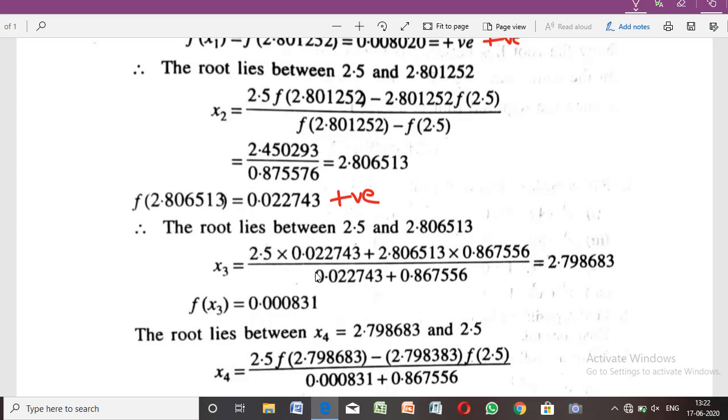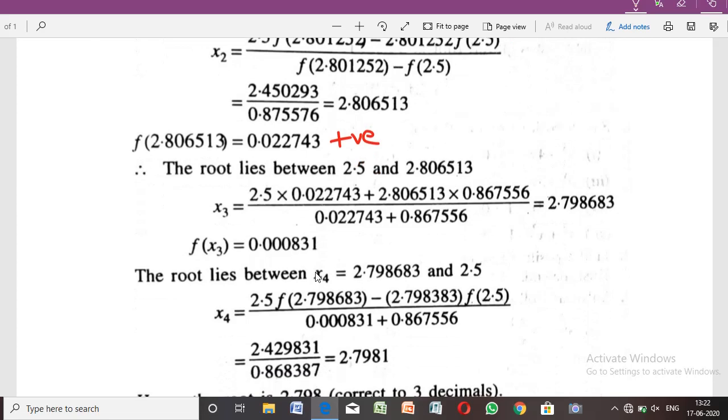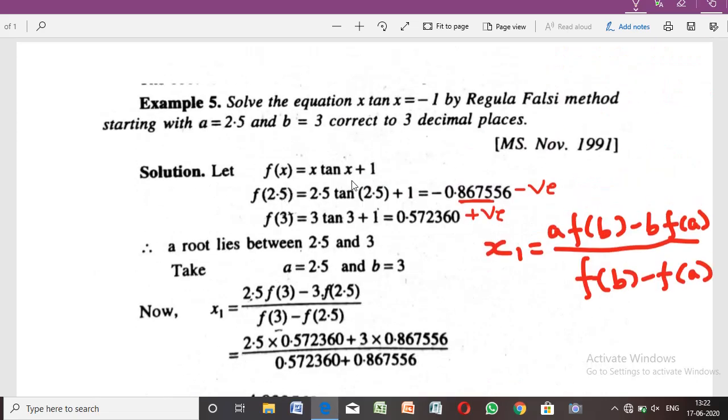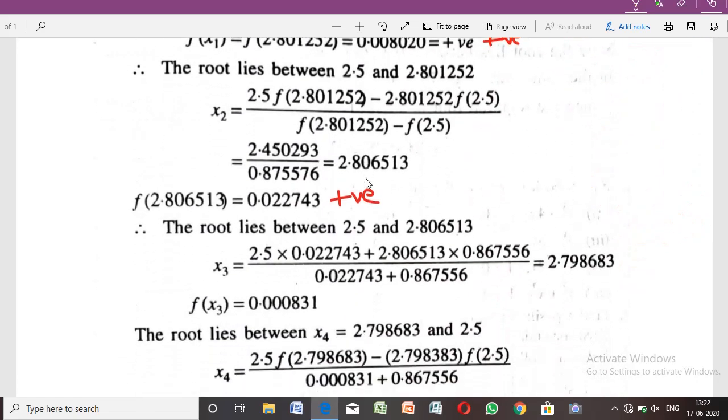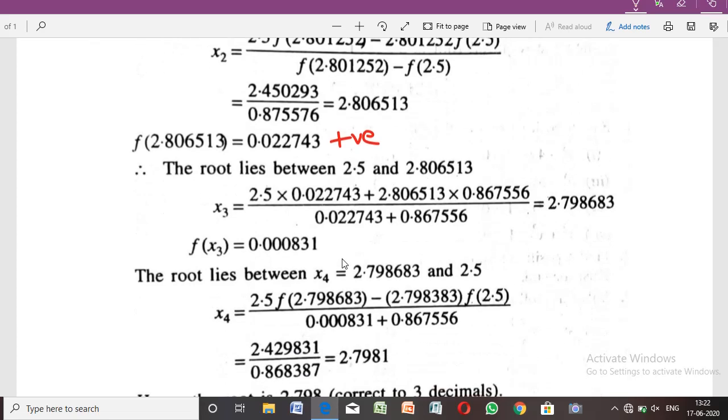We get x3 equal to 2.798683. Using the same method for f of x3, with the function f of x equal to x tan x plus 1, we get f of x3 equal to 0.000831.